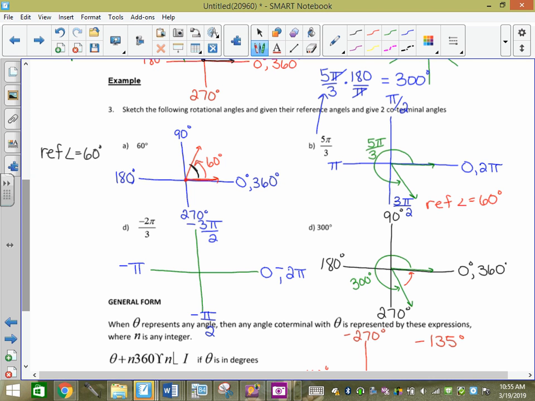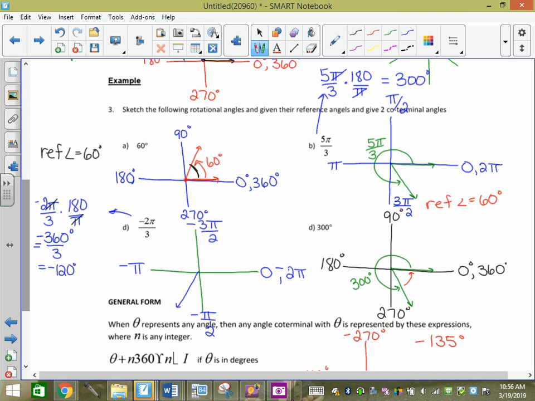So now we need to convert negative 2 pi over 3 to degrees. So we go negative 2 pi over 3, radians to degrees, pi on bottom. So it's going to be negative 360 divided by 3, which is the same as negative 120 degrees. Negative 120 is 60 away from 180, or 30 away from 90.